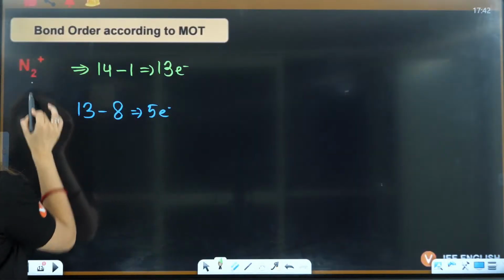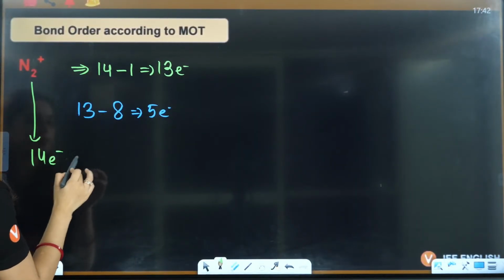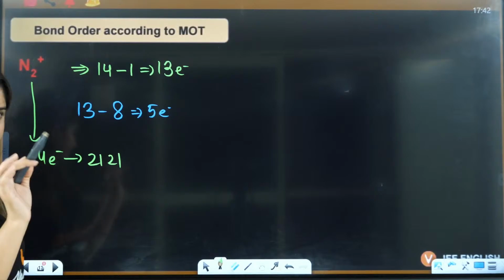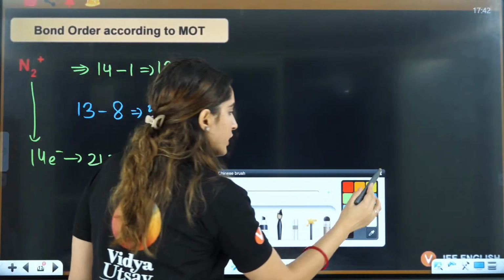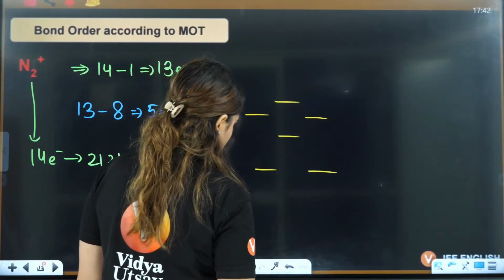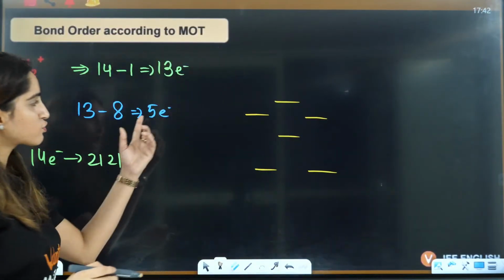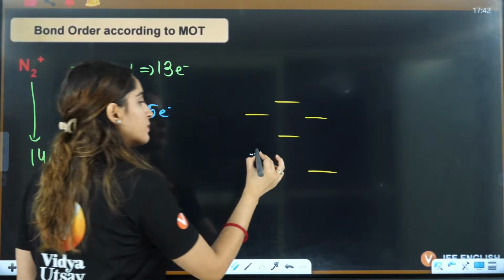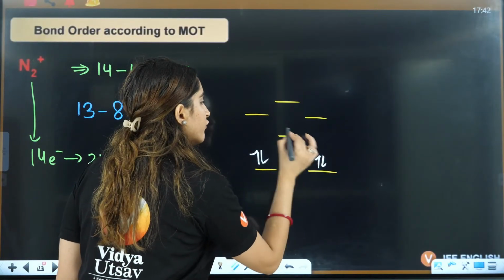In the neutral state, it has 14 electrons, so we will use 2 1 2 1. Here the 5 electrons you need to fill will be 1 2 3 4 5.